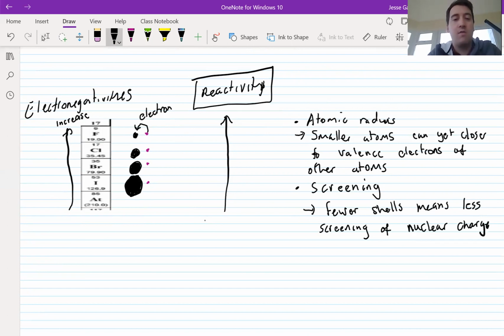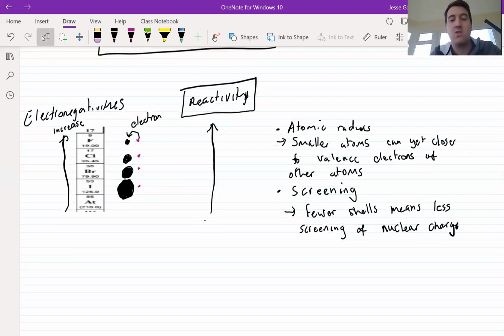Okay, so for example, chlorine has an extra shell more than fluorine, and this means that the screening effect of chlorine is higher than fluorine. What this means is that the nuclear pull, or the nuclear charge of chlorine trying to pull on electrons from other atoms to take them, is weaker, or is screened, as we call it, more than that of fluorine.